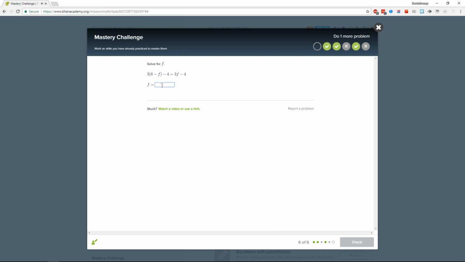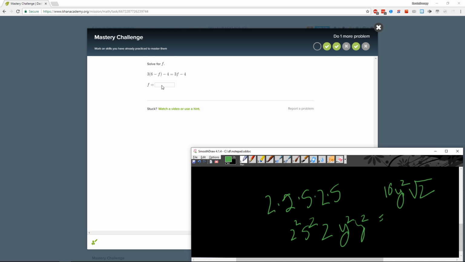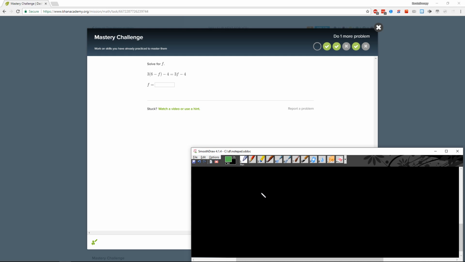Dumb. Solve for F. Three, 6 minus F. Oops, minus 4 equals 3F minus 4. So that's 24 minus 3F minus 4.